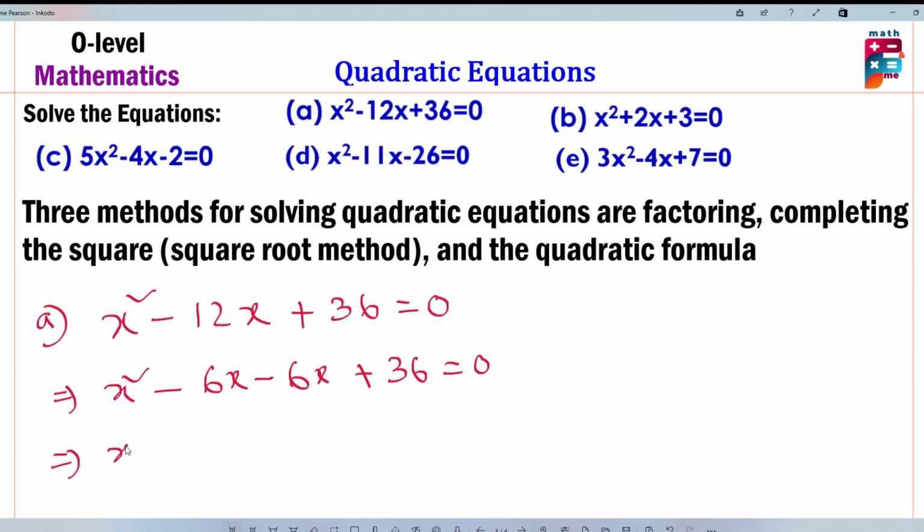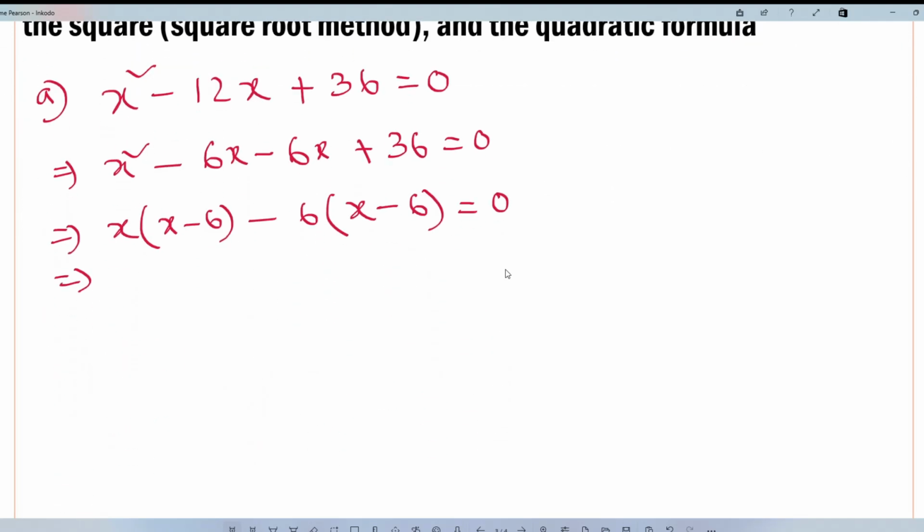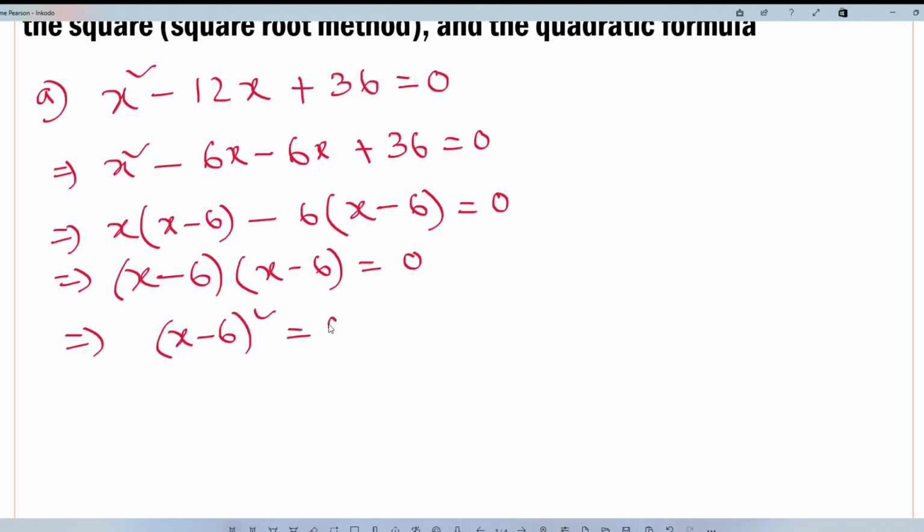So here we take common x, so x minus 6, and here is minus 6, we again will get x minus 6 equal 0. So here look, we take common 6, x minus 6. So x minus 6 into x minus 6 means x minus 6 whole square equals 0.